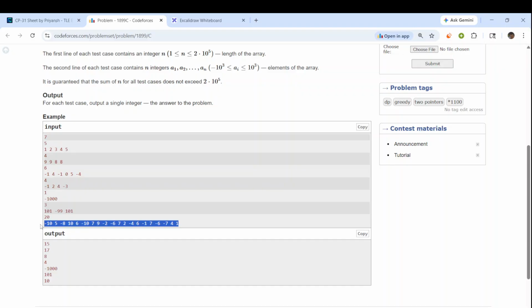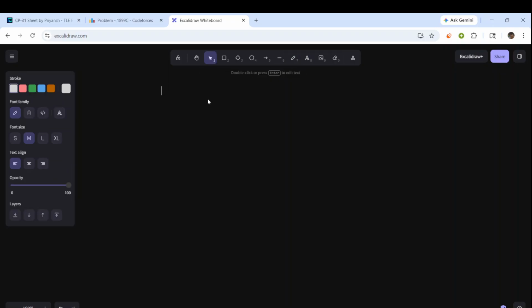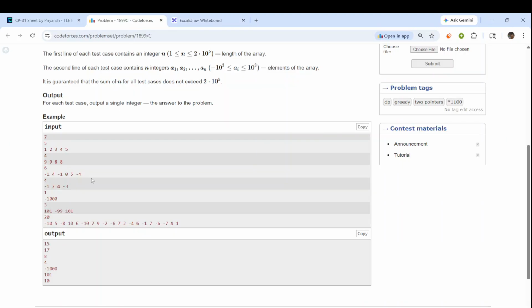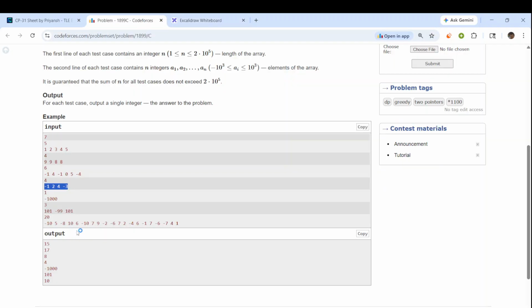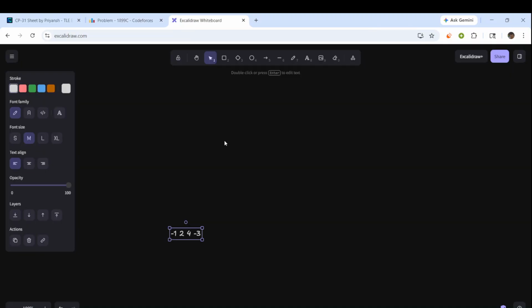Let's take this example and paste it over here. I'm gonna take one more example where the sum is only the maximum one, like this one, paste it over here, and take this one also. Yeah, these three examples should be enough to understand the problem.